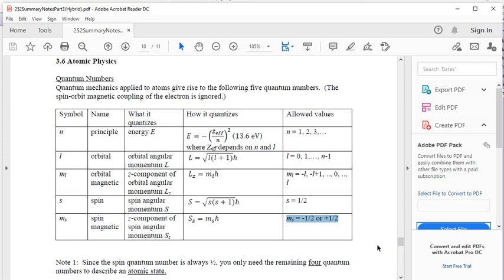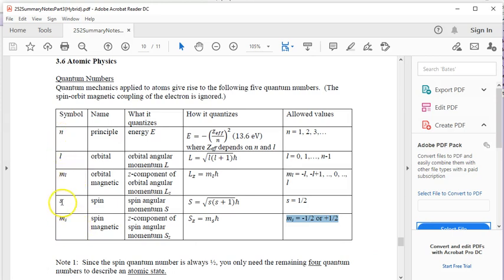All right, so if we take the results of the Schrodinger equation applied to the hydrogen atom, and we add this spin stuff that was experimentally found, we actually have 5 quantum numbers that describe a state of the atom. Those 5 quantum numbers are n, l, m sub l, little s, and m sub s.